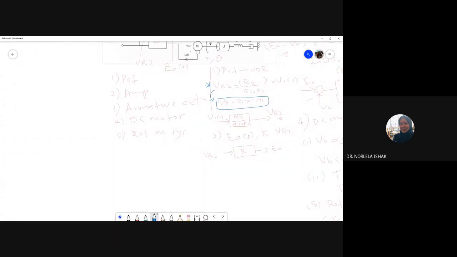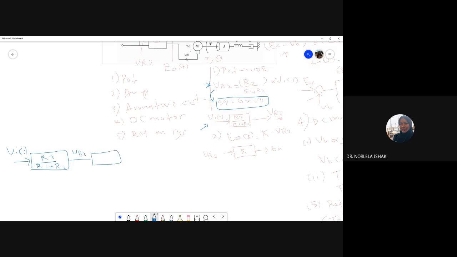Okay, this is our potentiometer. So we start here and copy it back. This is R2 over R1 plus R2, the input is VIS, and the output is VR2.